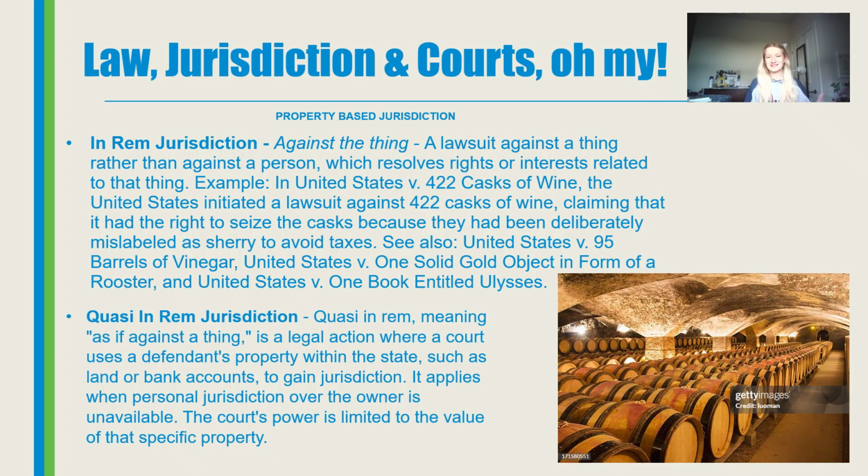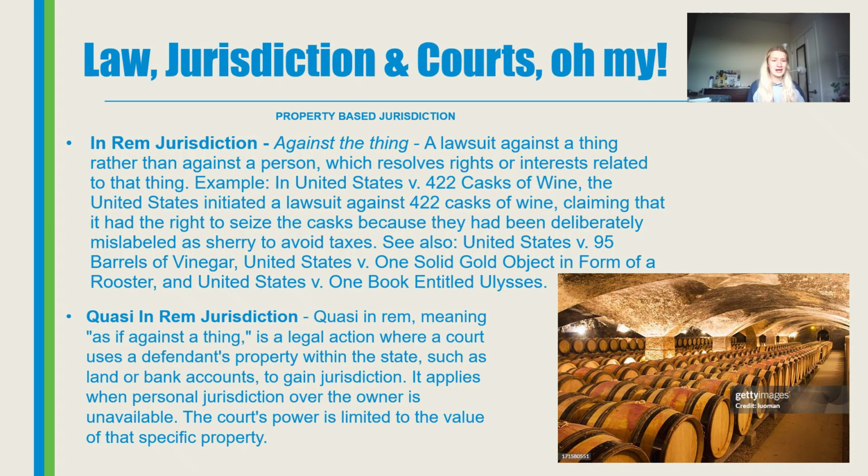There are also these two forms I just wanted to talk about briefly. There's in rem jurisdiction, which means against the thing. It is a lawsuit against a thing rather than a person, which resolves rights or interests related to that thing. For example, in United States versus 422 Casks of Wine, the United States initiated a lawsuit against 422 casks of wine, claiming that it had the right to seize the casks because they had been deliberately mislabeled as sherry to avoid taxes.